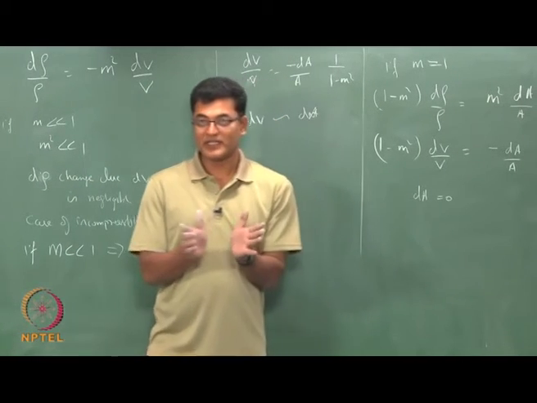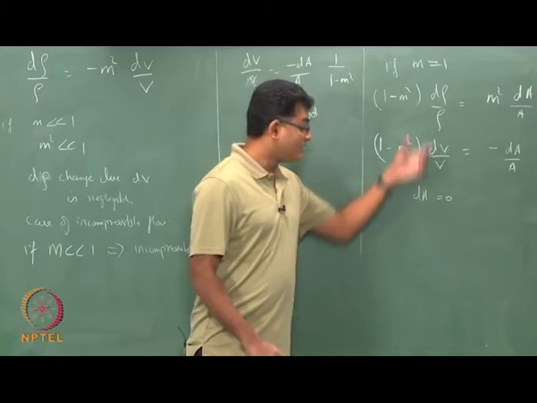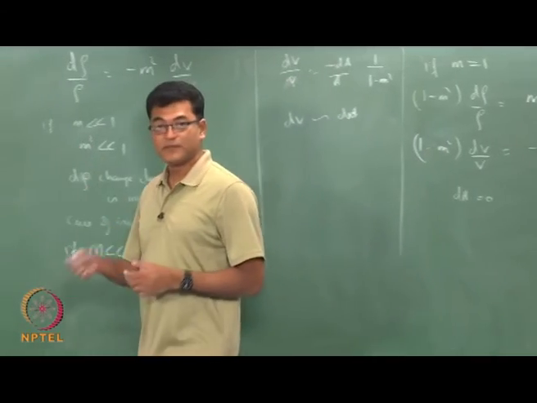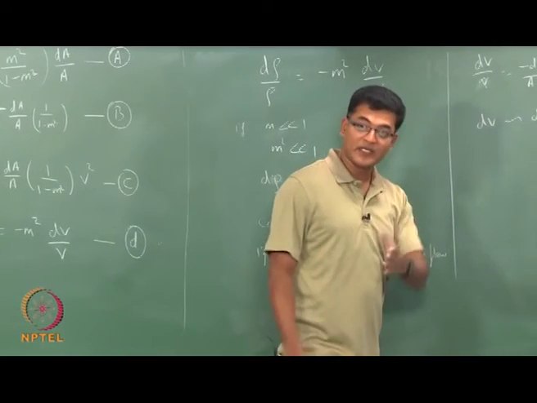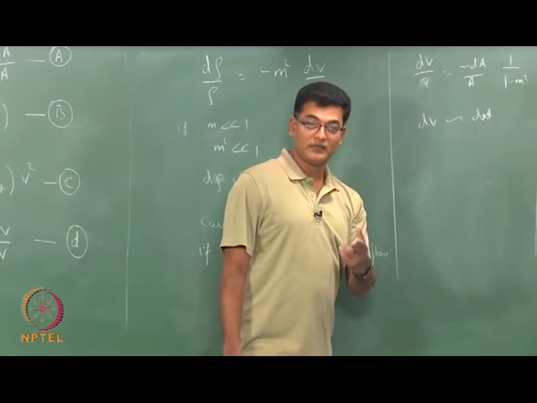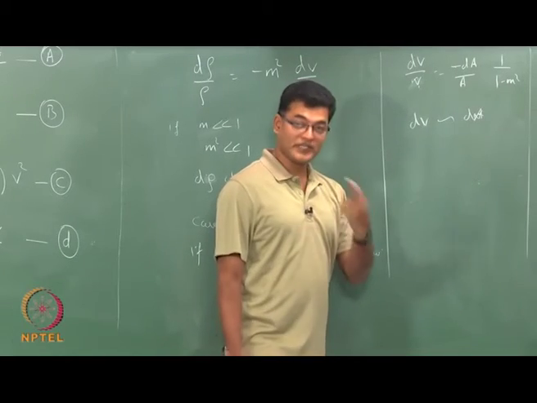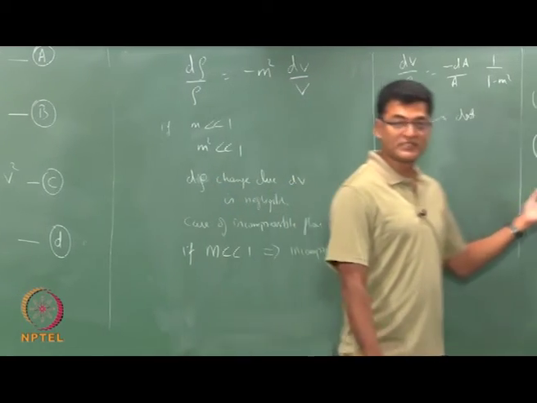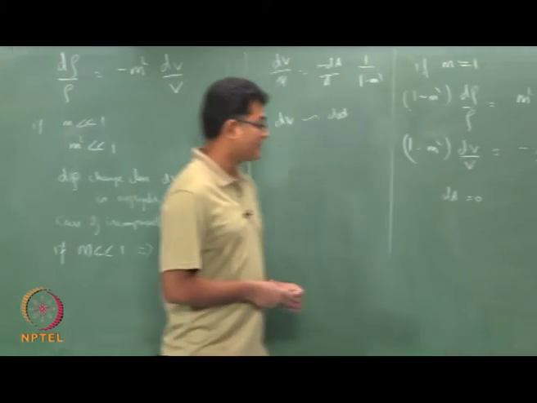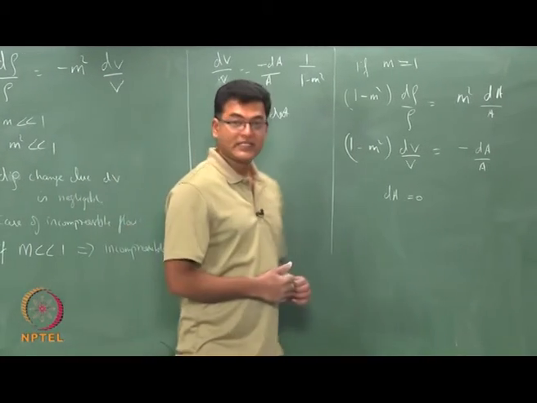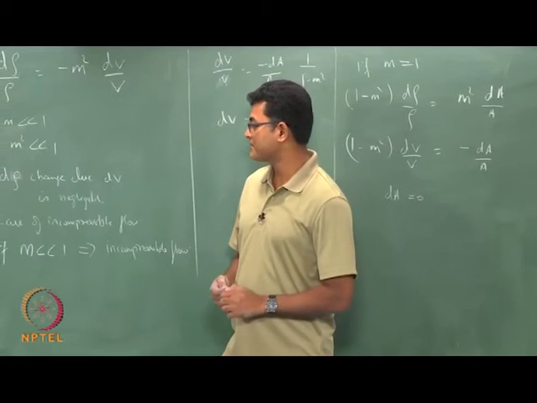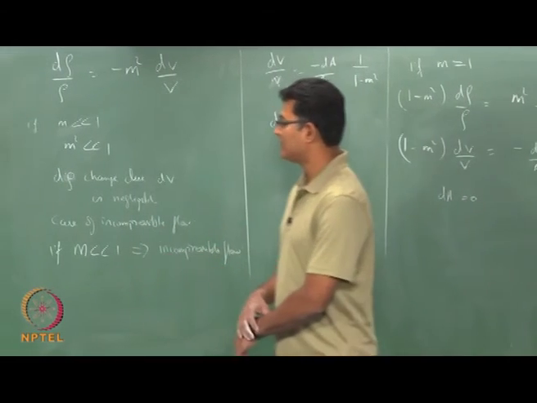The concept has to be slightly modified, and these are all valid if the process is isentropic. So, all this has been derived from the continuity equation alone with the assumption of isentropicity. If it is not isentropic, there will be small changes here. So, that is the message that you get from these equations.